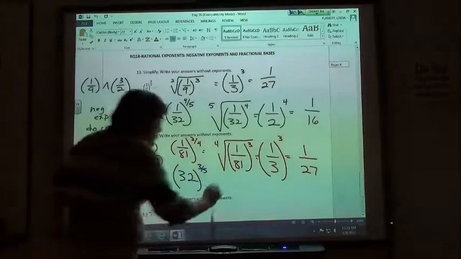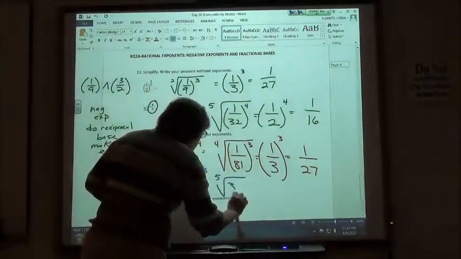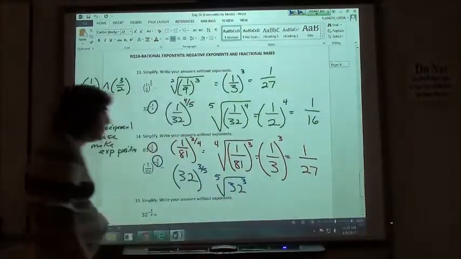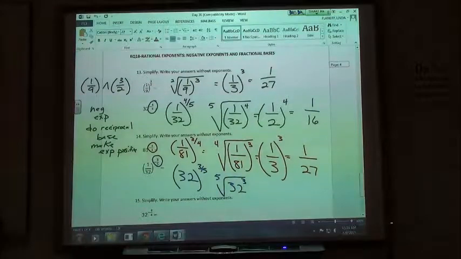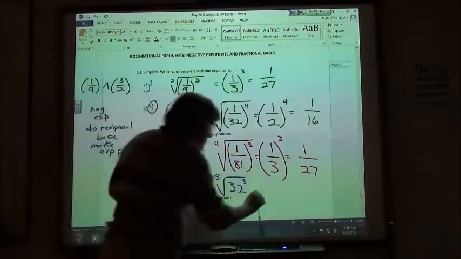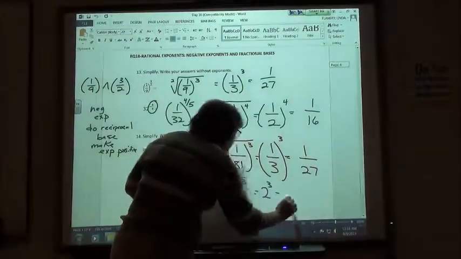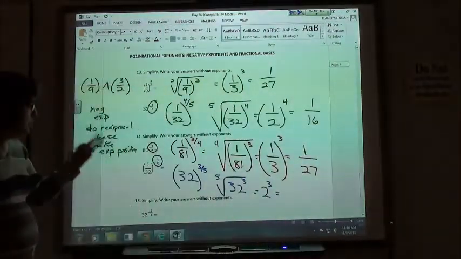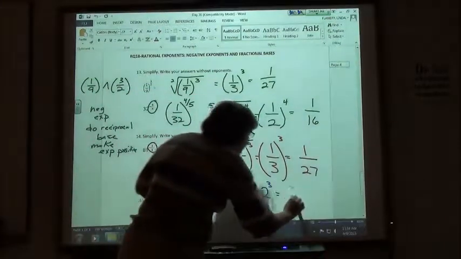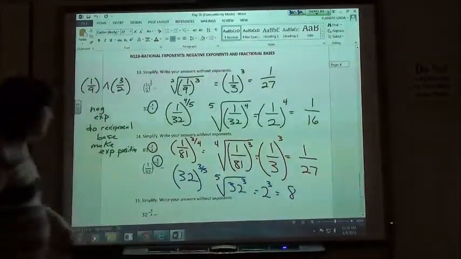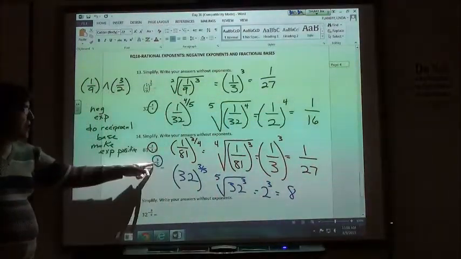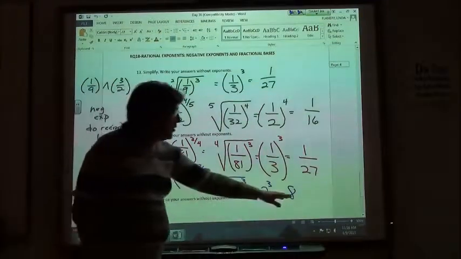So I have to do the 5th root of 32 cubed. The 5th root of 32. 2 to the 5th was 32, so the 5th root of 32 is 2. Then I'm going to do 2 cubed. 2 times 2 times 2 is 8. So 1/32 to the negative 3/5 power should be 8.